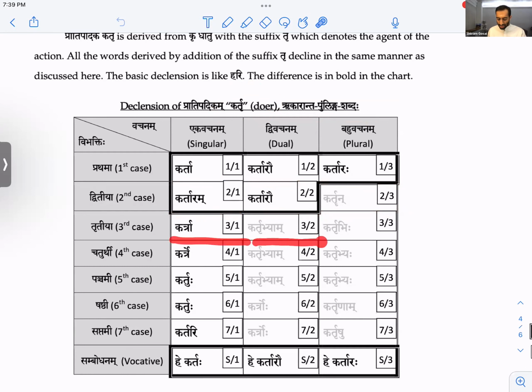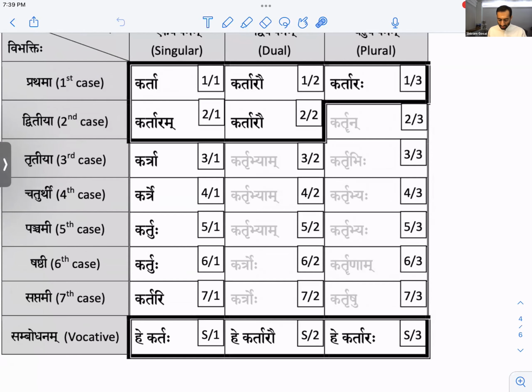Kartra 3-1, Kartrubhyam, Kartrubhihi. 4-1, Kartre, Kartrubhyam, Kartrubhyaha. 5-1, Kartuhu, Kartrubhyam, Kartrubhyaha. 6-1, Kartuhu, Kartroho, Kartrnam. Kartari 7-1, Kartroho, Kartrishu.